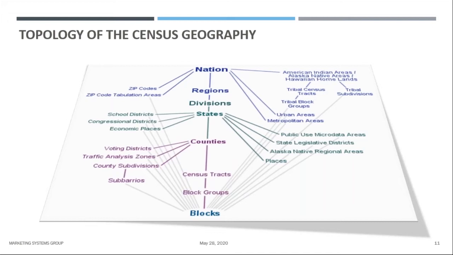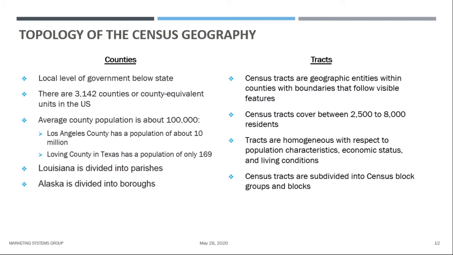This slide shows the topology of the census geography, and as you see, it can get fairly detailed. Some trivia about the census geography: counties are local governments below the state. There are currently about 3,100 counties in the US, and they vary quite a bit in size.